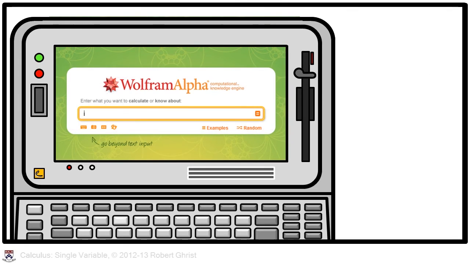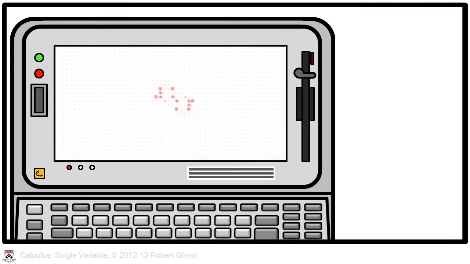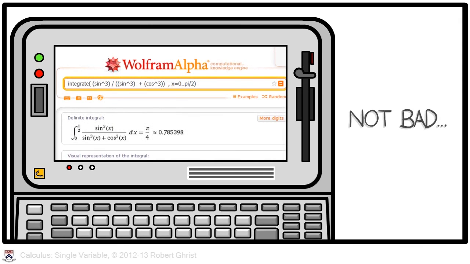Well, let's try typing in something for a specific power, for a specific n. In this case, n equals 3. Then Wolfram Alpha is able to handle that one very nicely. It gets not only the correct decimal answer, but the exact answer of this integral. Very good.